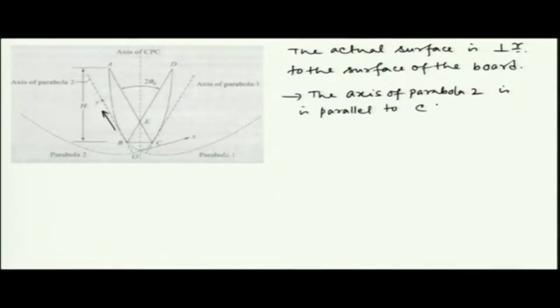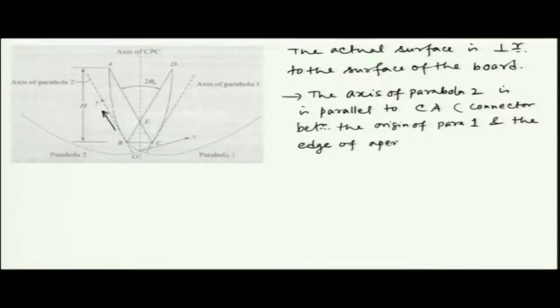and that is parabola 2 is parallel to this CA line. CA is what? The connector between the C, which is the origin of parabola 1, and the edge of aperture AD, and A is on parabola 1.